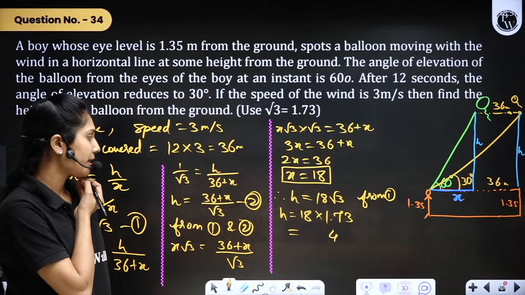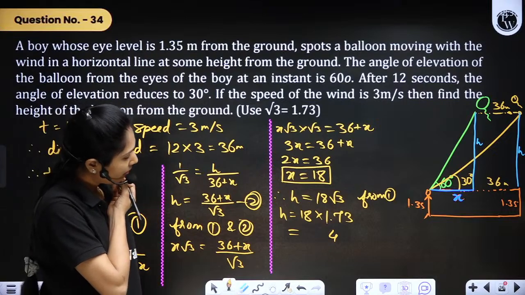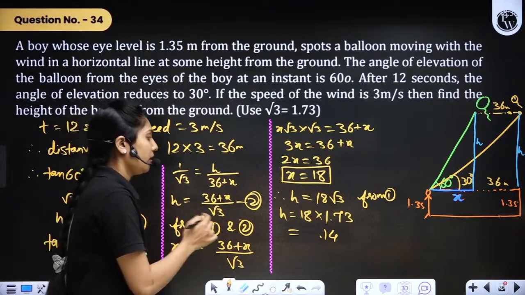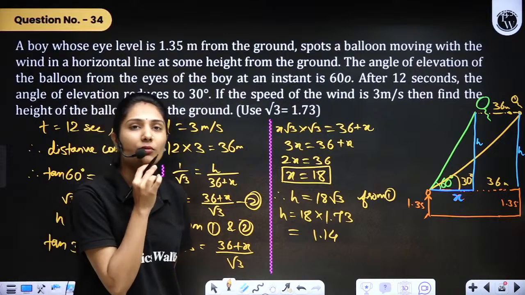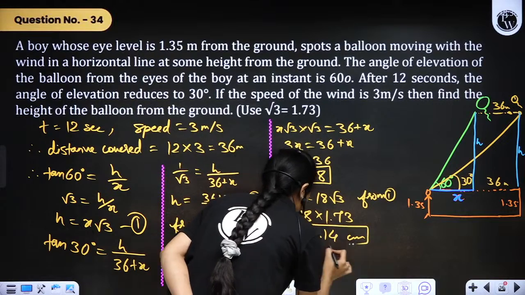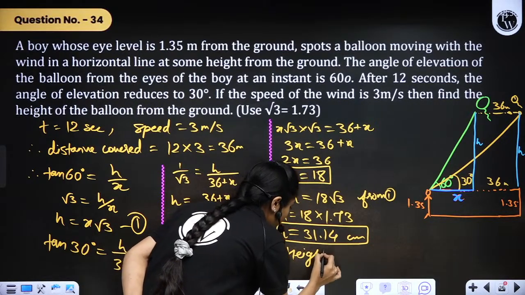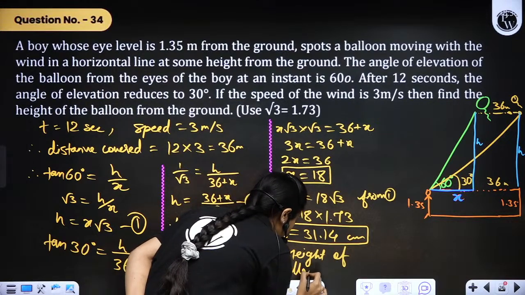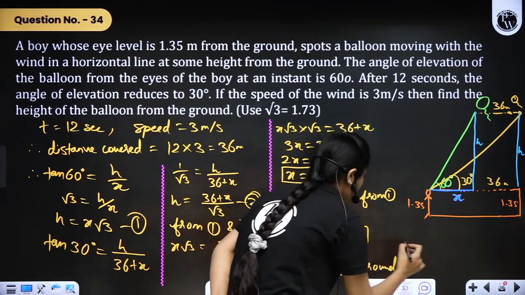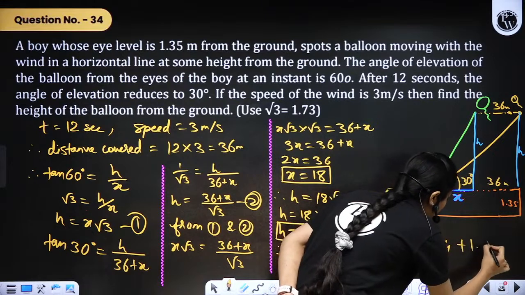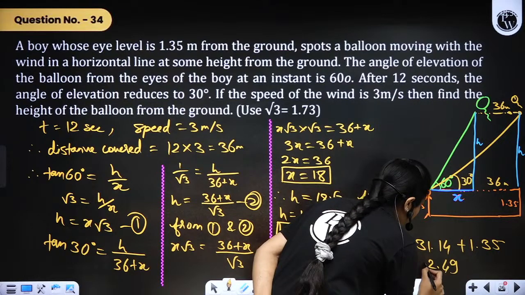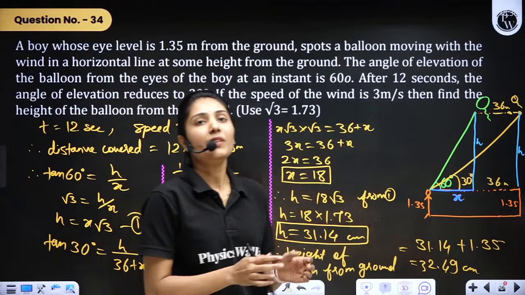So we get 31.14, right? 31.14 is the height, and therefore the height of the balloon from the ground is 31.14 plus 1.35, which is equal to 32.49.